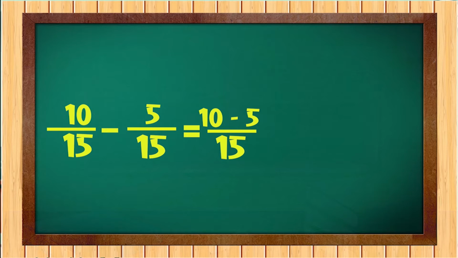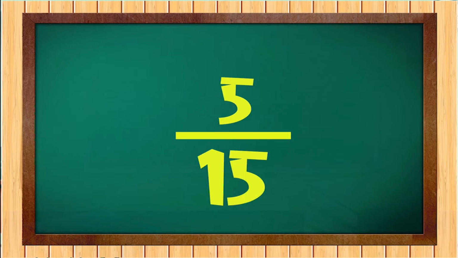When we take 5 from 10, what would our answer be, boys and girls? Yes, 5. Our answer is 5/15. Let's zoom in a little more on this fraction. Can we write this fraction as it is on the answer line? Is this fraction expressed in its simplest form?